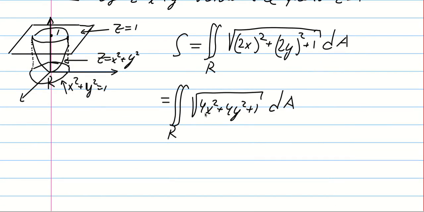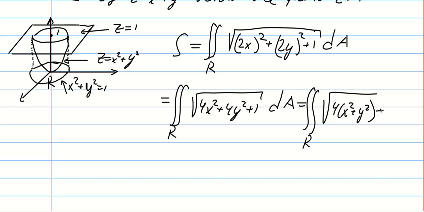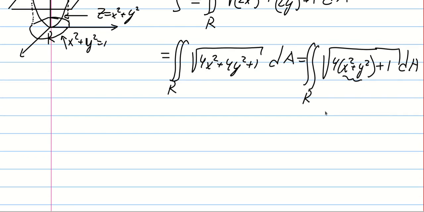And since we can factor 4 out, that's going to be the square root of 4 times (x squared plus y squared) plus 1 dA. And x squared plus y squared, it's easy to think of it in polar coordinates, right?